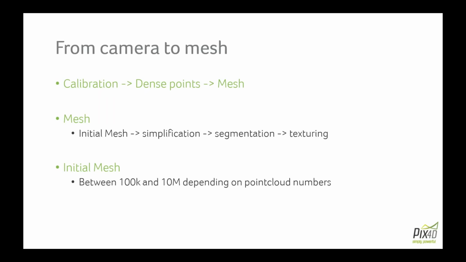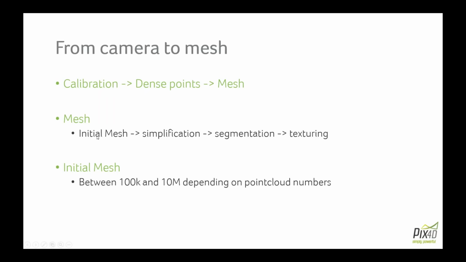However, when we have little information, meaning not a lot of 3D points, we will make much larger triangles, and so we will simplify already at the initial mesh. And when we have a lot of information, very likely we'll make a lot of little triangles.